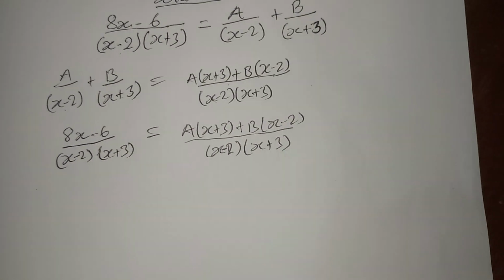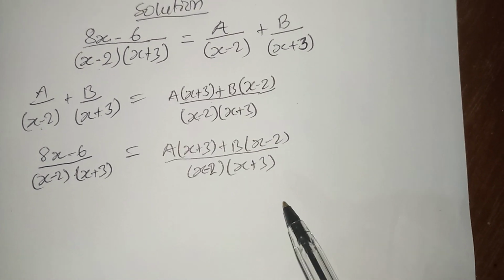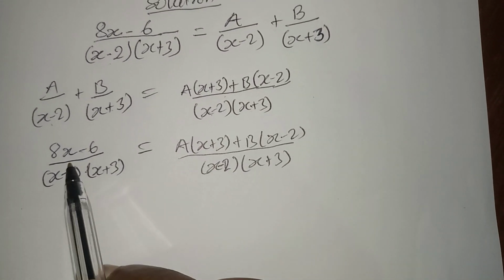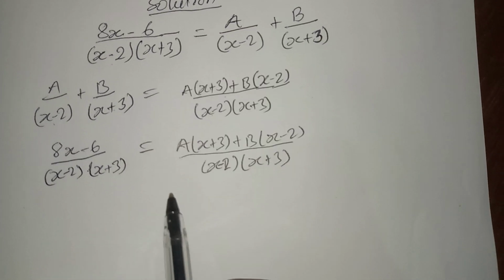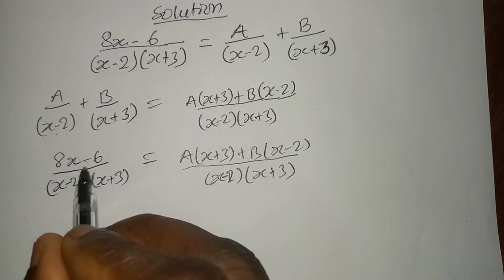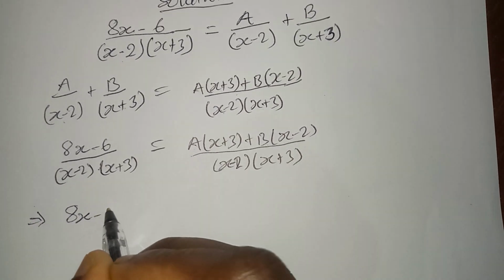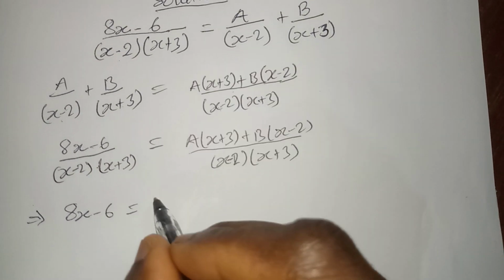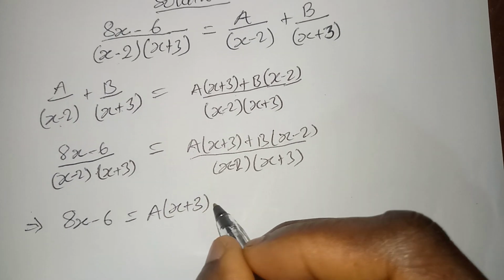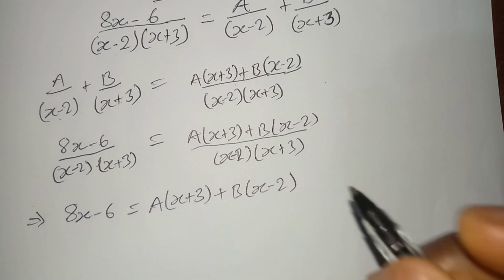So you realize that decomposing it will have it in this form. Our main focus is to equate the numerators, then we solve for the variables A and B. Considering the numerators, we have 8x minus 6 equal to A(x plus 3) plus B(x minus 2).